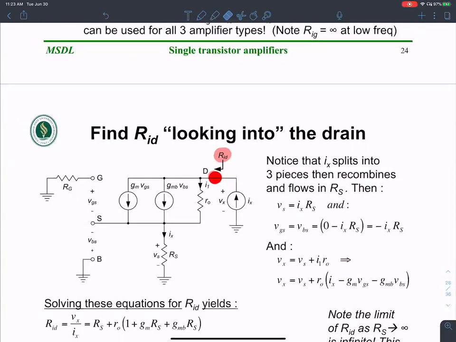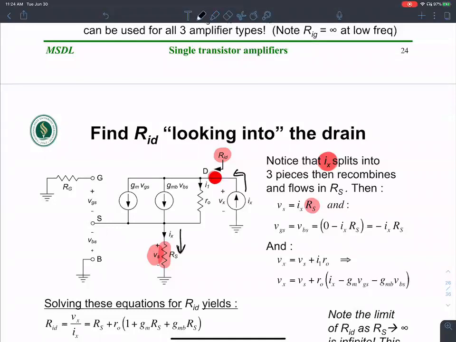Then I make some observations, the exact same things as in the calculation of R_C. Ix, the current flowing in here, is going to split into 3 branches, and it's going to add up in the RS resistance down below. So the first observation is that Vs, the voltage dropped across this resistance, is really RS times the current flowing through it.